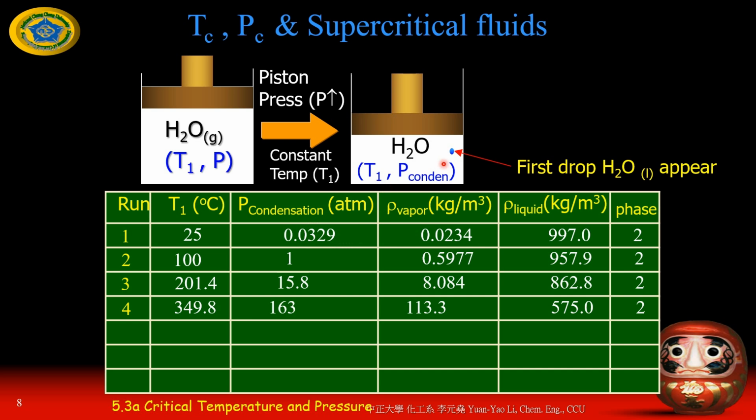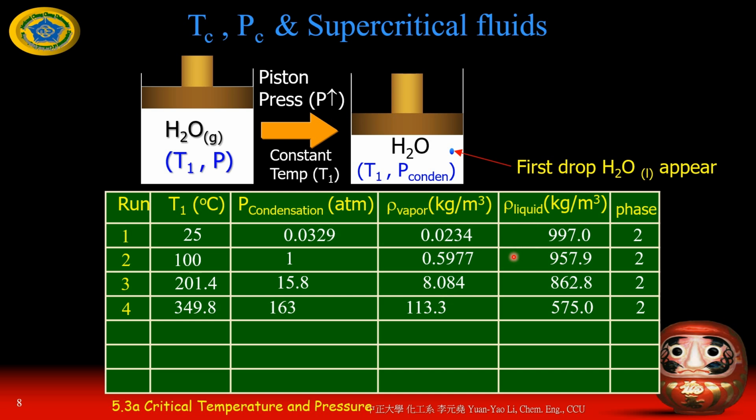The first drop will come out. And at this moment, the density of the vapor will be very low, and the density of the water will be 1,000, which is 1 gram per cubic centimeter. It becomes 2 phases. So as you can see, if I increase the temperature, the density of vapor increases and the density of liquid decreases.